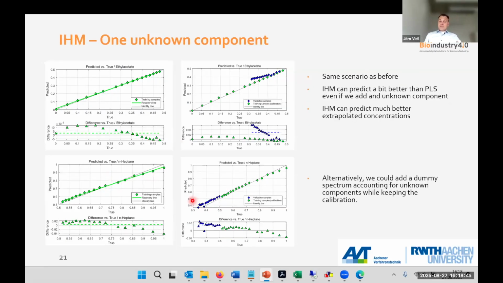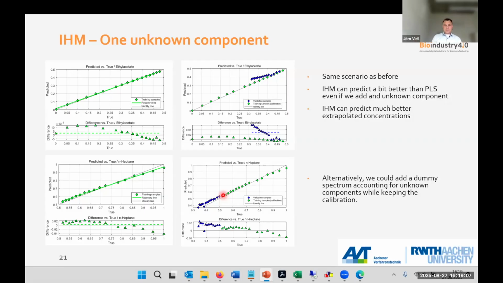IHM, that's not a silver bullet, but it can cope with it a little bit better than PLS. So here you see the very same example with IHM. And it's not as falsely predicted as with PLS.